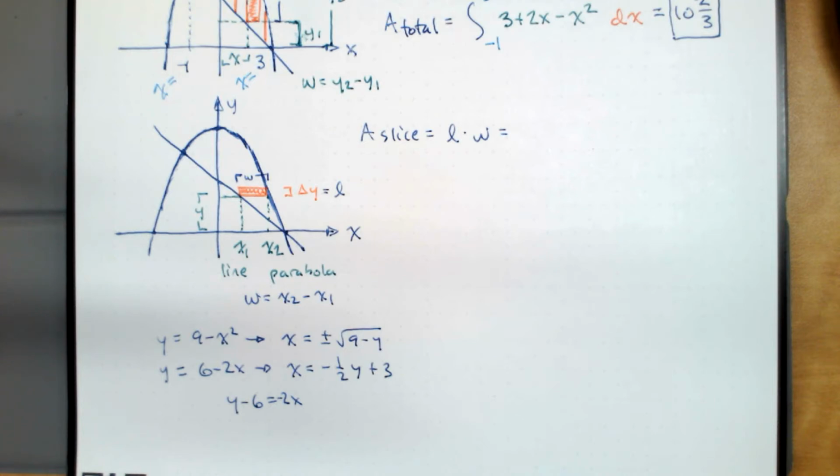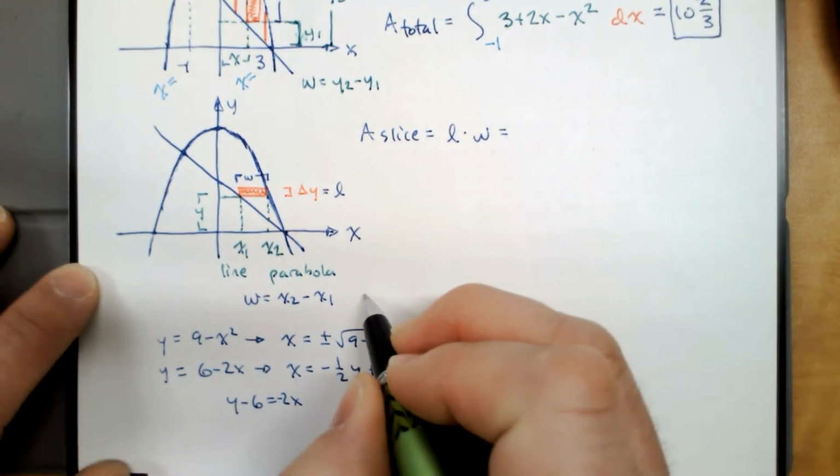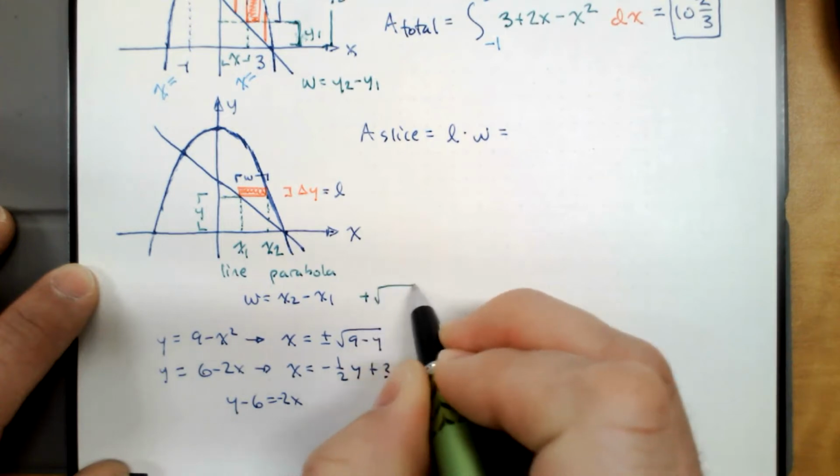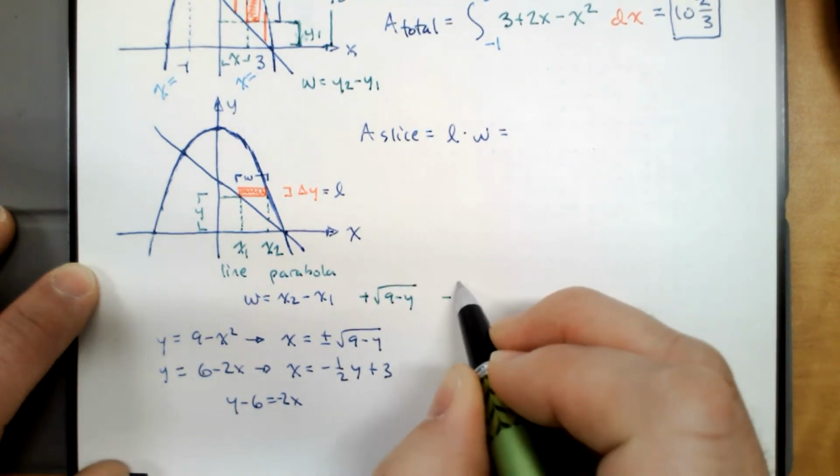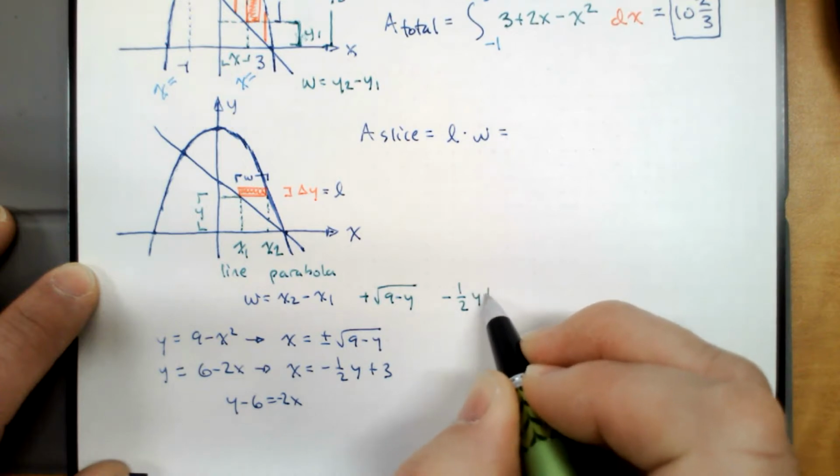So the width is just going to be the parabola, the positive square root of 9 minus y, minus the line. So we'll use the positive square root of 9 minus y, and we'll subtract negative 1/2 y plus 3.